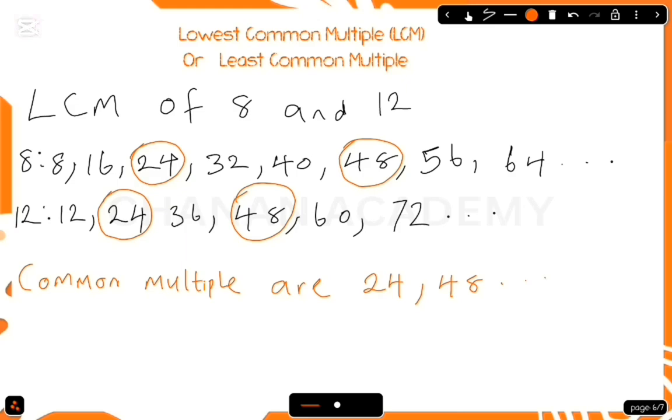So what is the least common multiple? 24 is the least because it's the smallest among the common multiples. So the least or the lowest multiple is 24. So let's move on to the methods of finding the LCM.